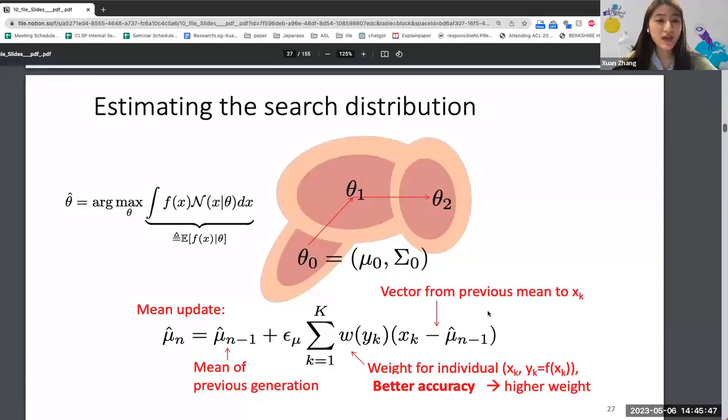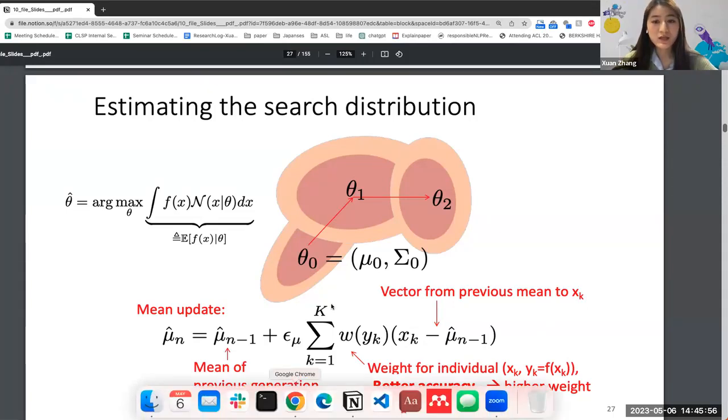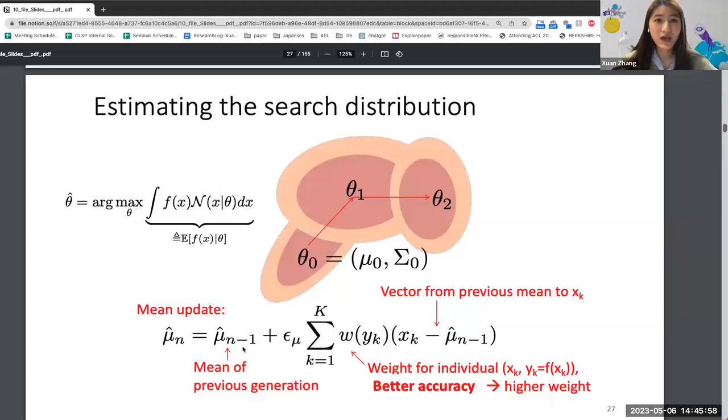And CMAES estimates the search distribution based on the current population. Each generation has a mean and variance. The mean update equation is shown here, and it basically updates the mean based on the tried configurations.